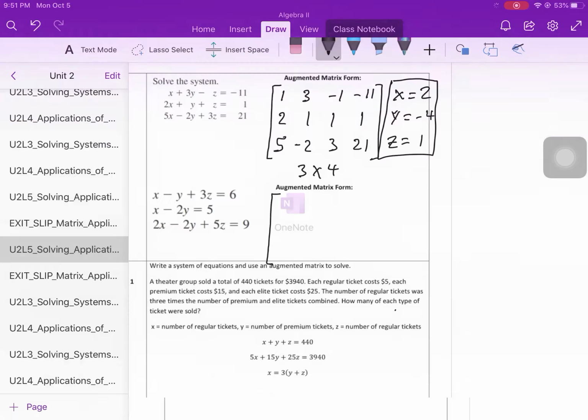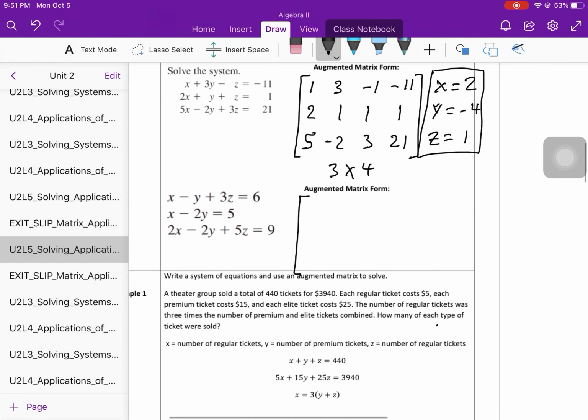Okay, I'm going to move this back off to the side. Now this one's a little bit trickier. Let's go ahead and write the first row. 1, -1, 3, 6. And now this, if you notice, we're actually missing the z's. There's no z's. So for the x, we have 1, y, we have -2.